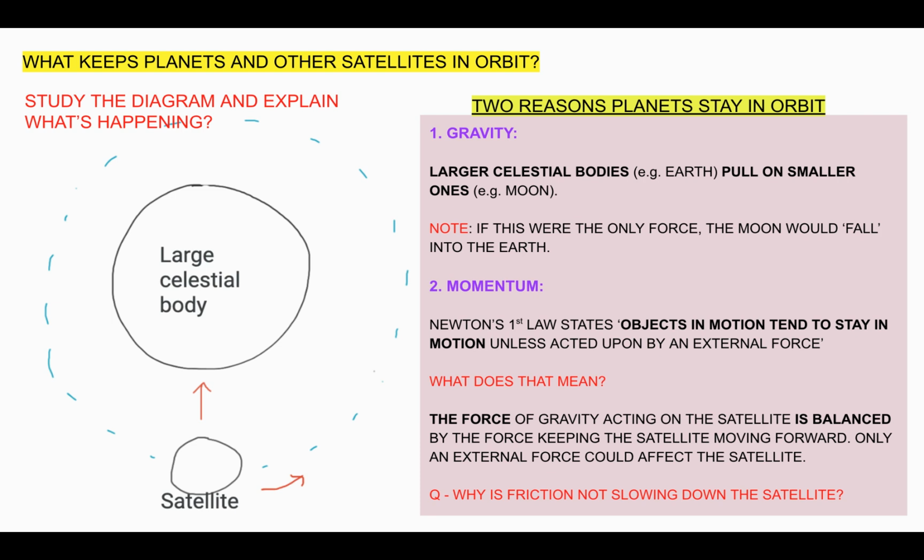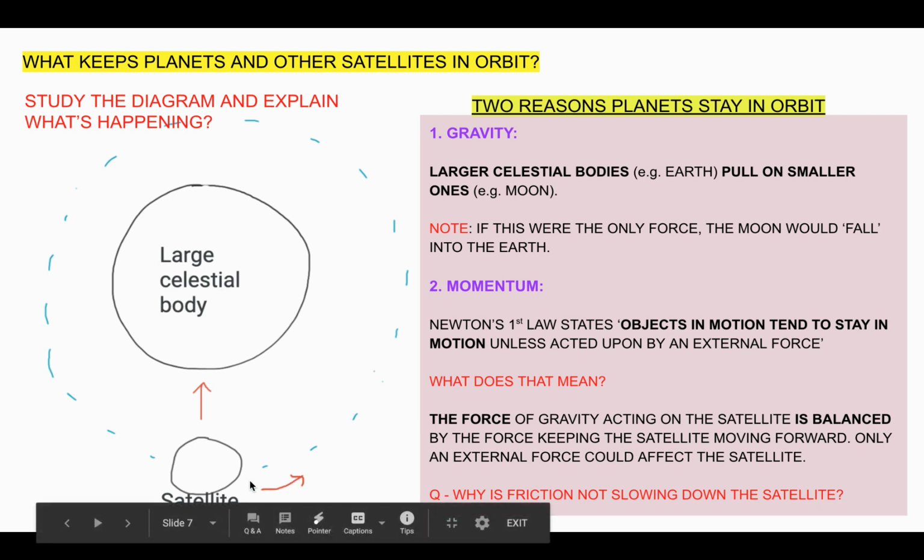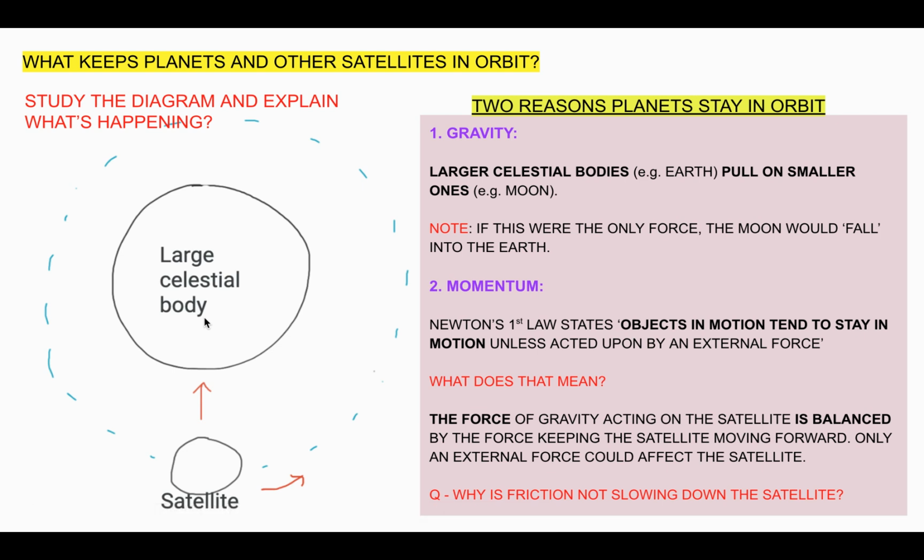Gravity from larger celestial bodies is causing a pull on smaller celestial bodies, which is drawing them in towards the sun. If there was no other forces, if you could ignore this arrow, this satellite here would fall directly into the sun, okay, into the larger celestial body. But that's not the case, is it?